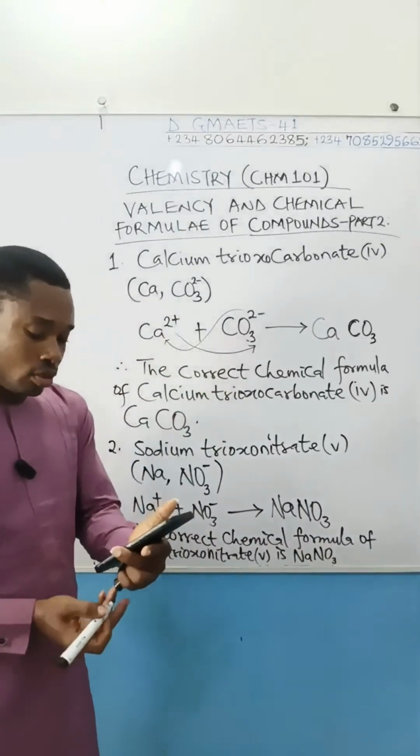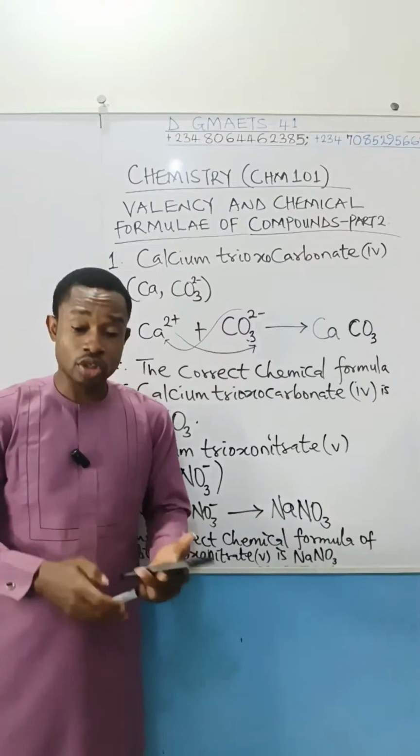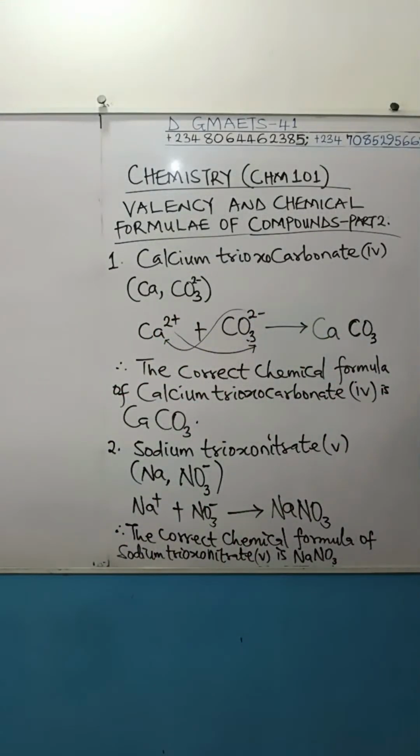So we are done with this particular one. We shall be moving on to the next compound. Let me finish our words on the board. I'm going to wipe it right away. And then we move on to the next compound.